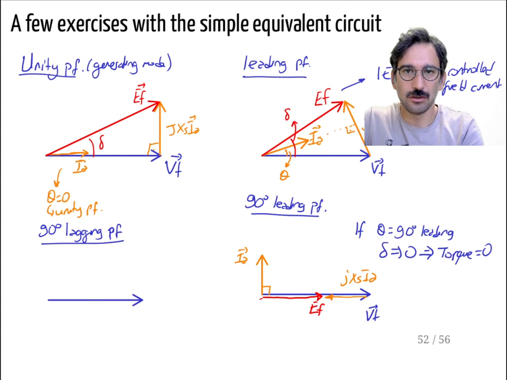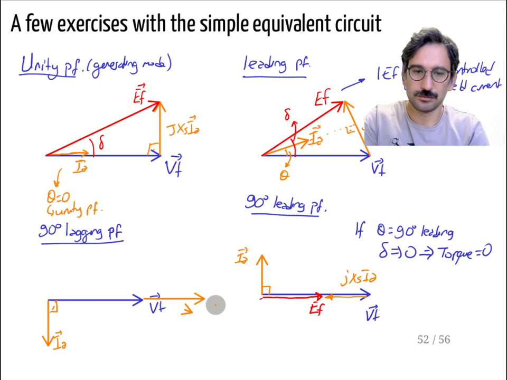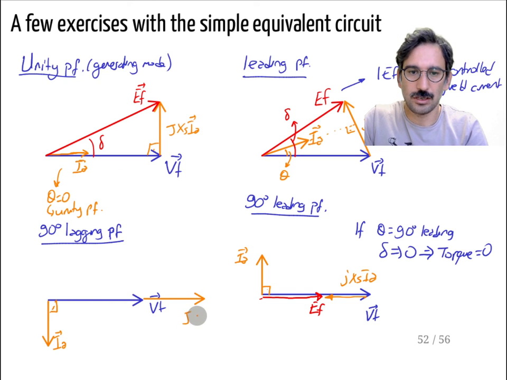So this is your VT, and this is your current IA, and it is 90 degrees here, and if you rotate it 90 degrees, what you end up is the voltage, the jXS IA vector, and then your EF again.